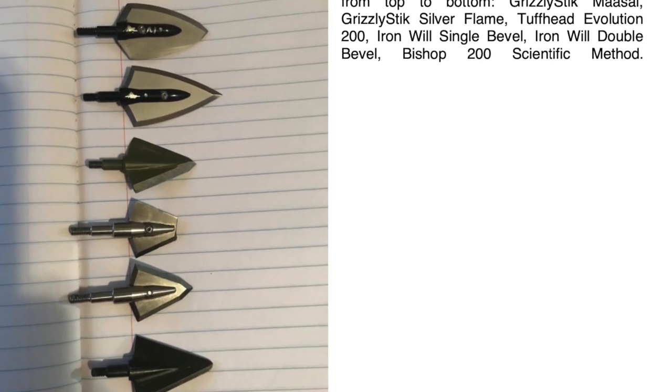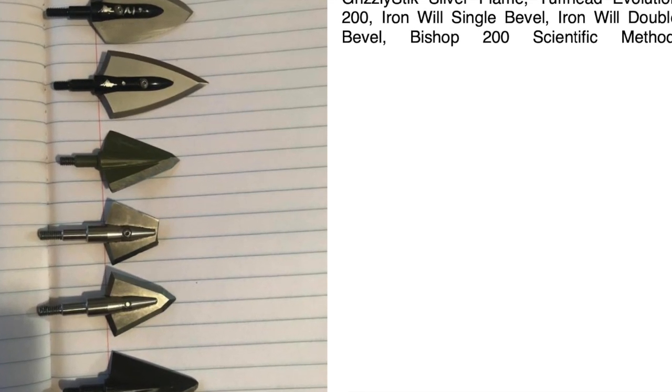Both single bevels, just a difference in mechanical advantage. That was one of the things we were looking at that first year. And taking the same arrow setup and just changing the mechanical advantage of the broadhead made a difference in the outcome penetration.